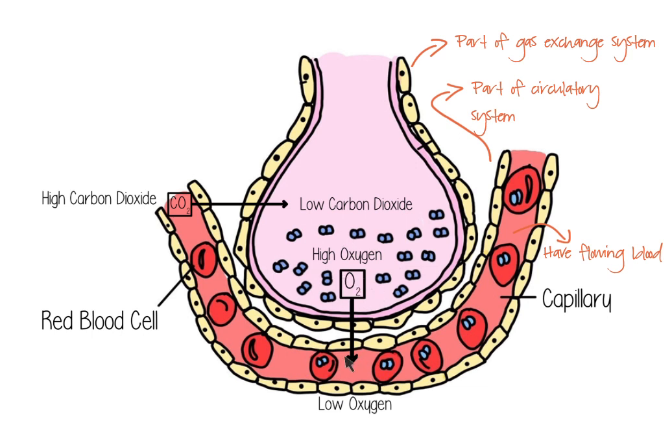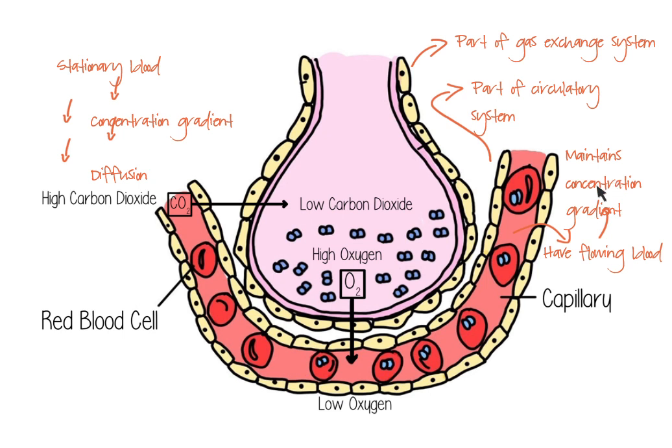Now, if this blood were not moving, the concentration of oxygen in the blood would eventually get closer and closer to that of the air in the alveoli, and diffusion would start slowing down. But since the blood is flowing, it takes that oxygen away and maintains the concentration gradient.